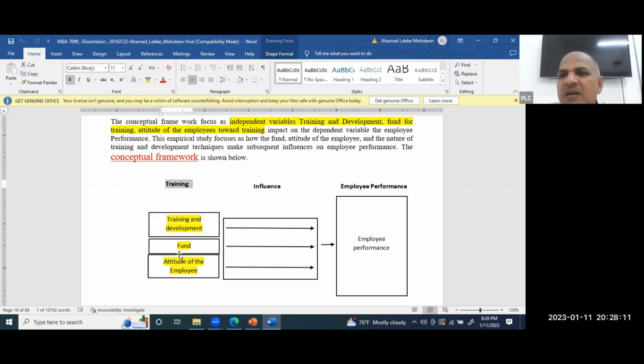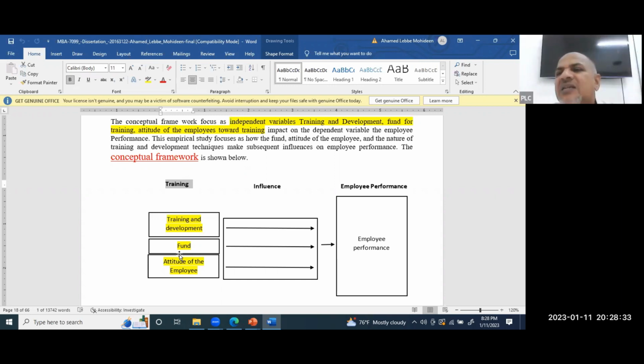For example, are you interested in getting training? Yes, no. Of 100 people, how many people told yes? 80 people. How many people said no? 20 people. You understand? Yeah.